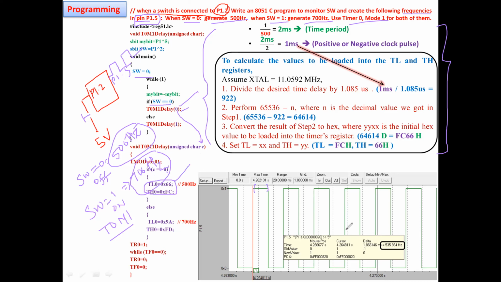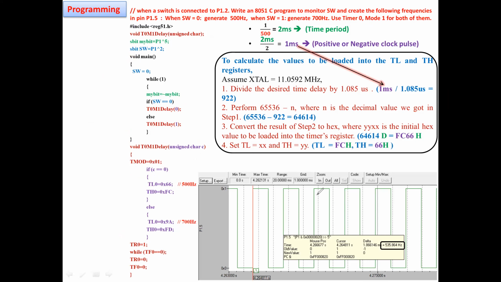Now you tell me what I should do to generate 500 hertz. First condition. Once you find out this, 700 is very easy, simply putting different data. So any idea?